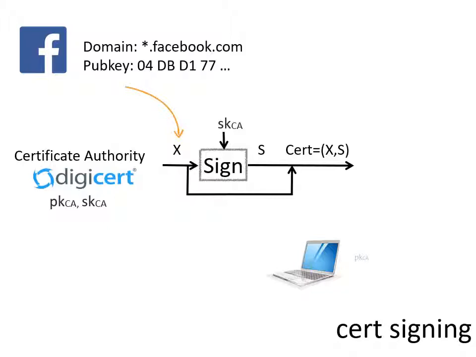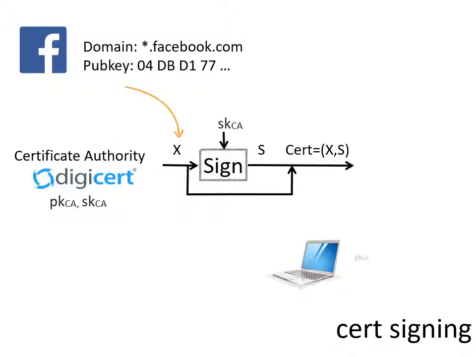So this becomes a chain. We will end up with a chain where we might have a certificate for an individual domain under Facebook, like login.facebook.com, with a public key for that website.